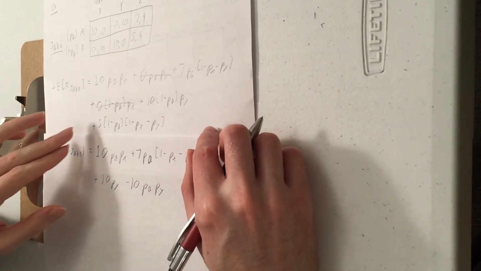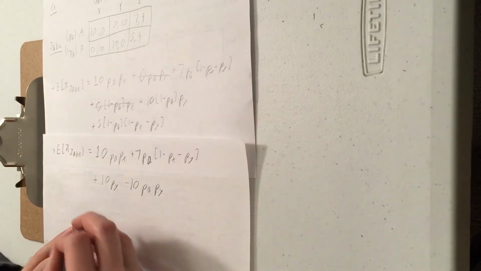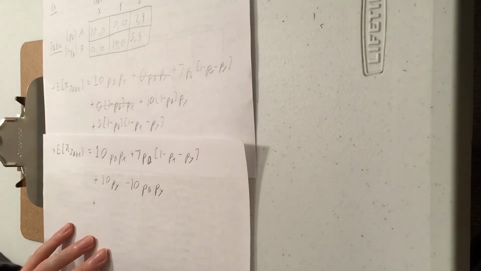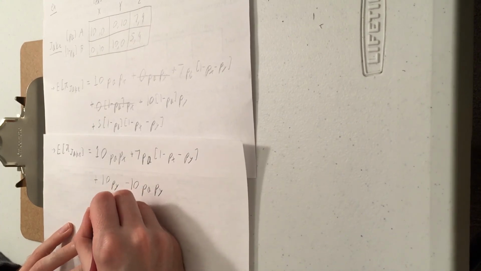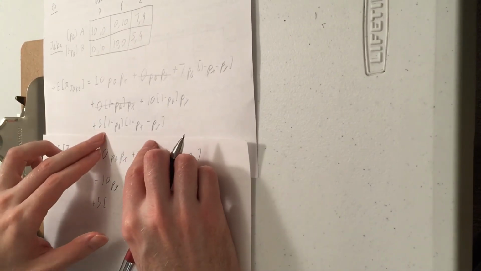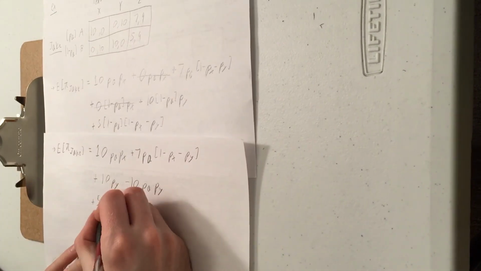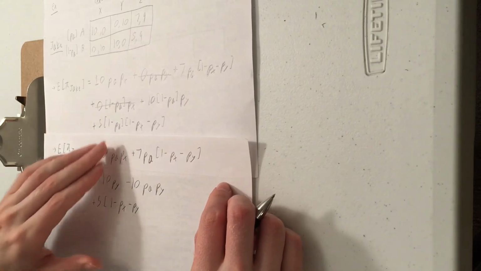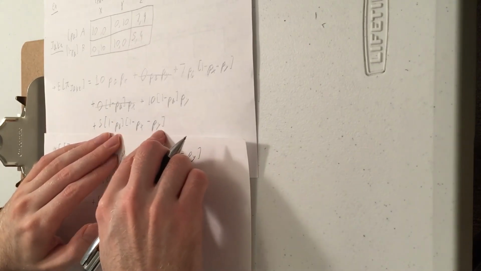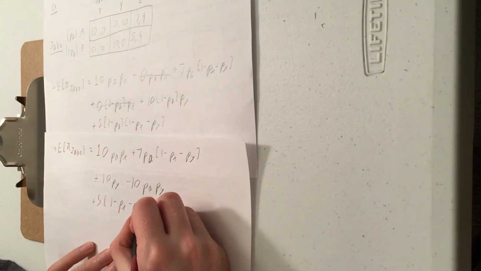And let's go and expand these guys. So 5 times, I'll bring that 1 through, 1 minus PX minus PY. Then I'll bring this PA through at each of these terms here. So I get a minus PA.